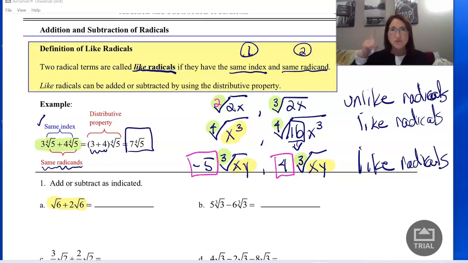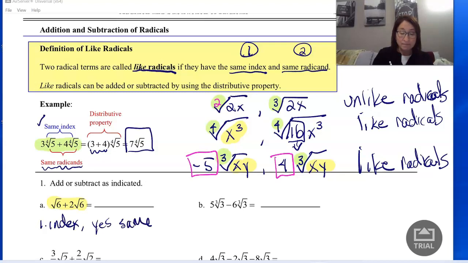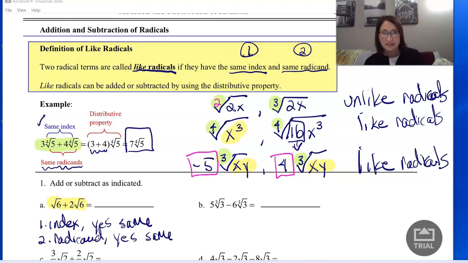So first, do they have the same index? I'm going to say, yes, it's the same. Then I'm going to look at the radicand. And I'm going to say, yes, it's the same in both. They're both 6s.